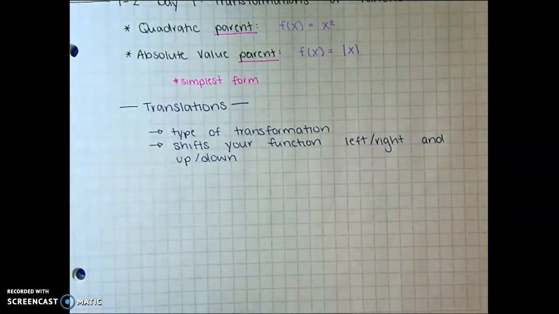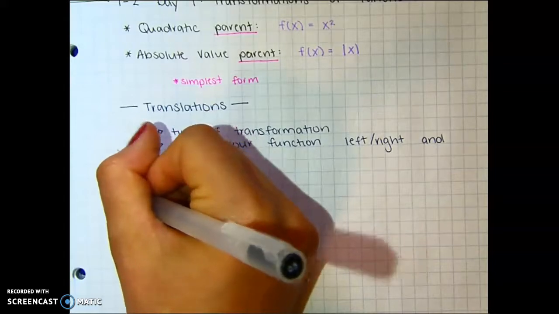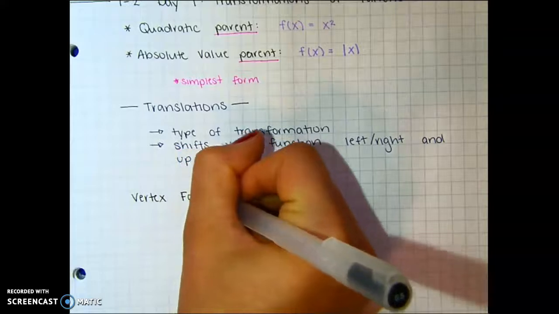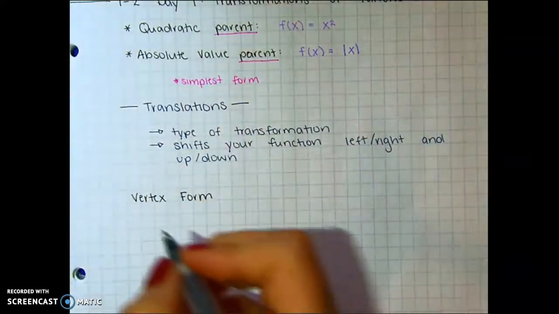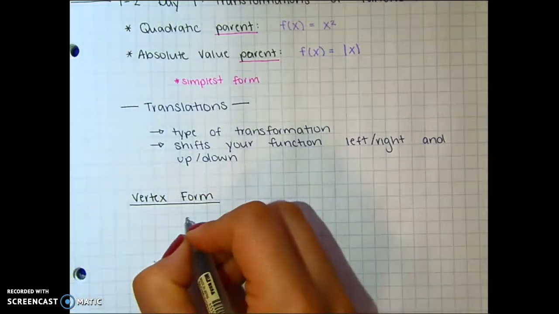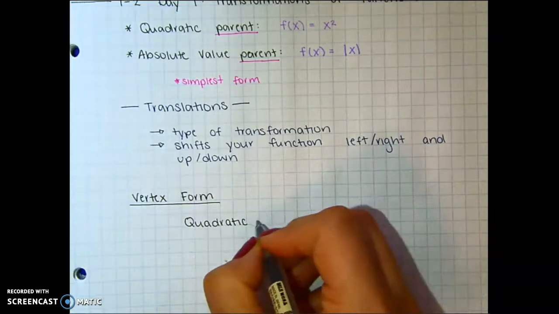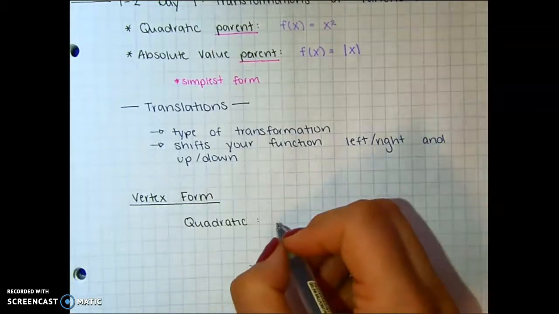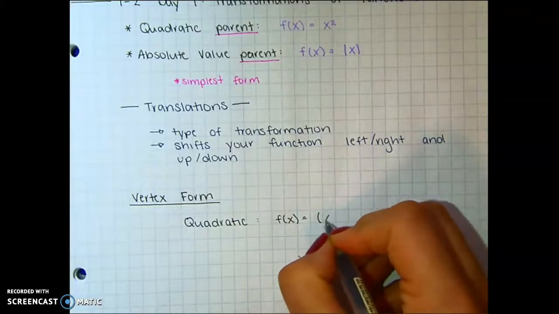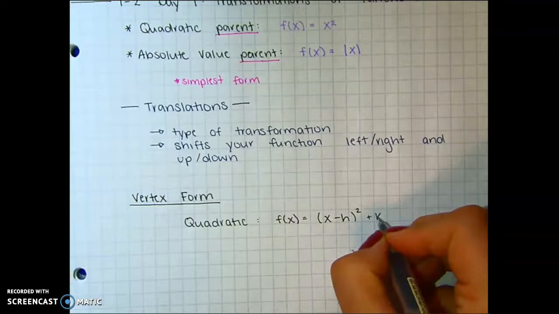The next form of the equation is called vertex form. If you remember, vertex form of a quadratic is f of x equals parentheses x minus h squared plus k.